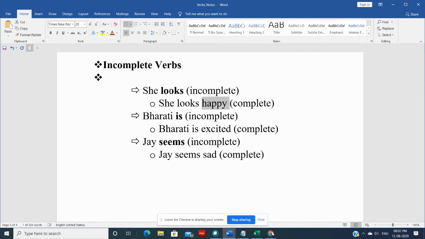Words like happy, excited, sad, and so on. There are different kinds of words that these incomplete verbs need. And these words, which complete the sense of a sentence, are called complements. They are called complements.